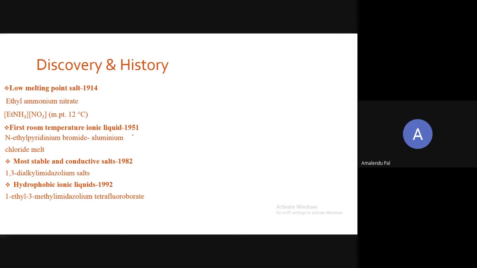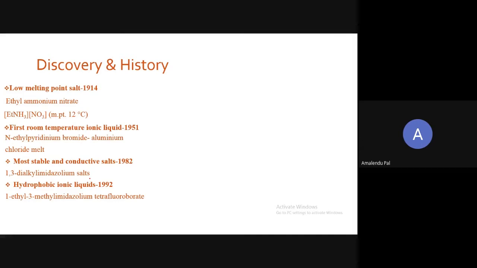After 1951 there was no progress on ionic liquids. You see, 1951 to 1982, there are a lot of gaps. The first stable conductive salt came in 1982, the 1,3-dialkyl imidazolium salt.